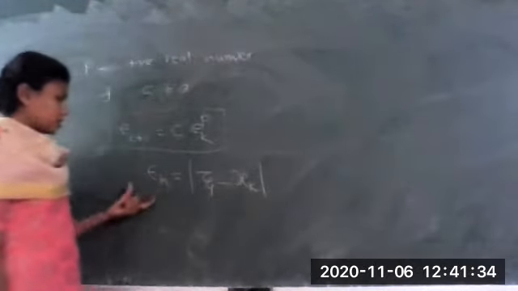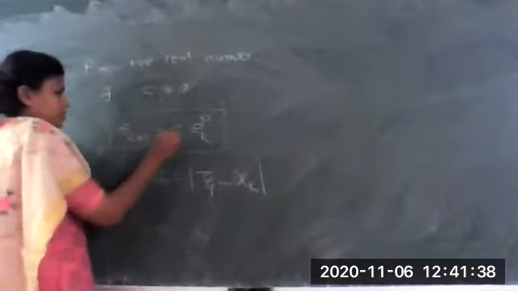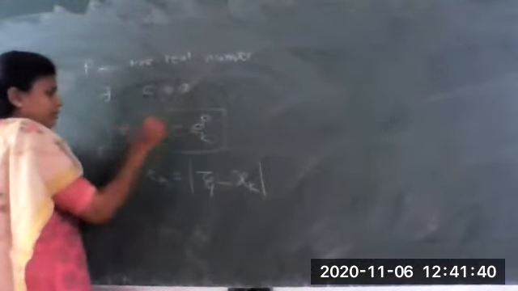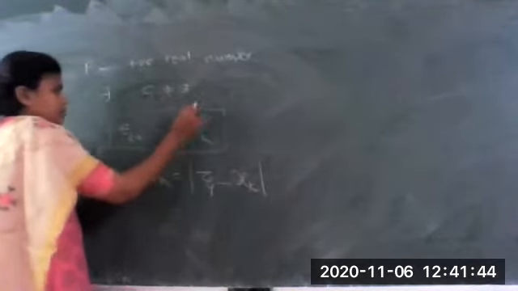So we have to find the relation between epsilon k plus 1 and epsilon k in such a way that there exists some constant C and some power P. Then we are going to call that P the rate of convergence.